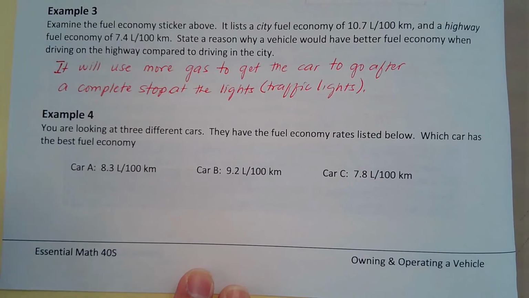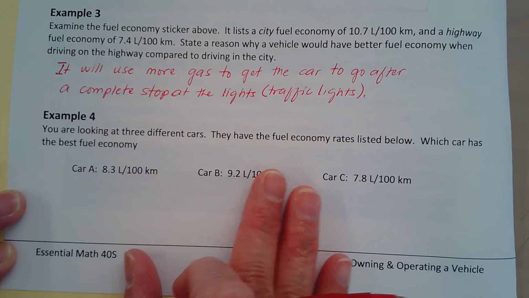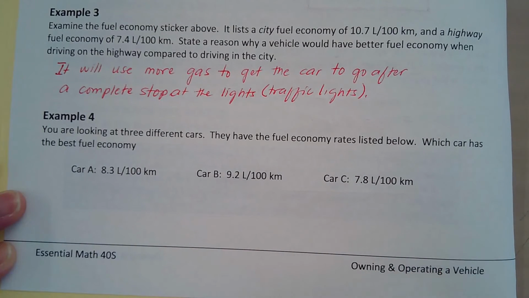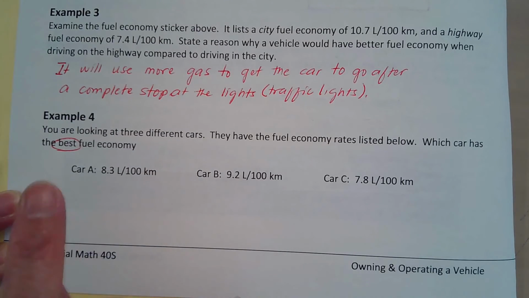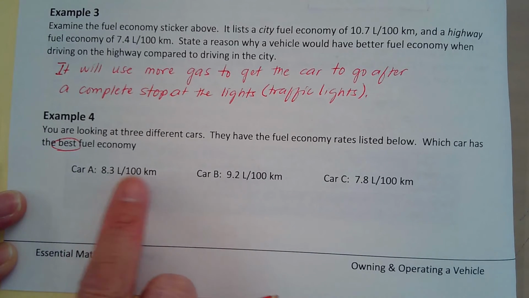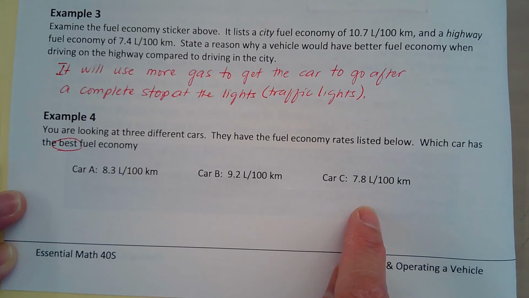Okay, example 4. You are looking at 3 different cars with the fuel economy rates below. Which car has the best? Car A, 8.3 liters per 100 kilometers, Car B, 9.2, or Car C, 7.8? Which one's the best in terms of fuel economy?